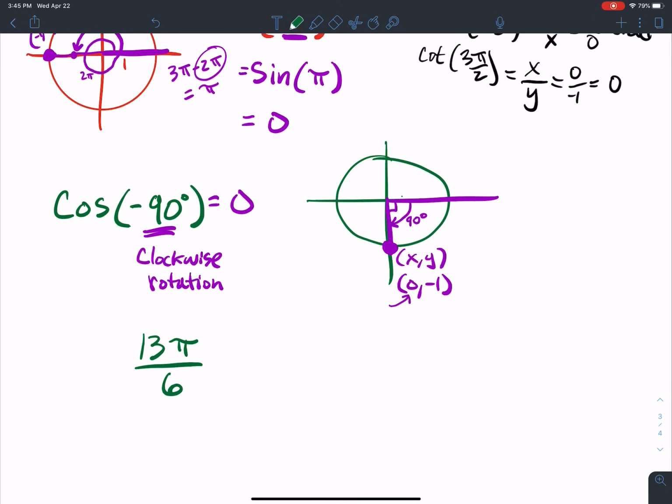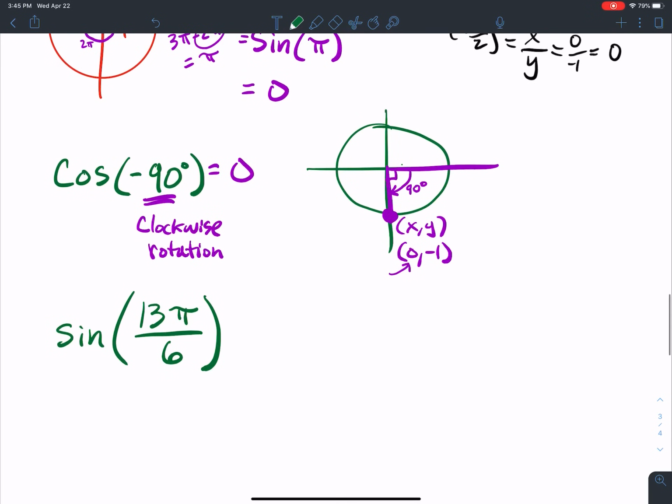Now, if I was going to find the sine of 13 pi over 6, what would go on here? Well, 13 pi over 6 looks pretty weird, my friends. So what could I do here?